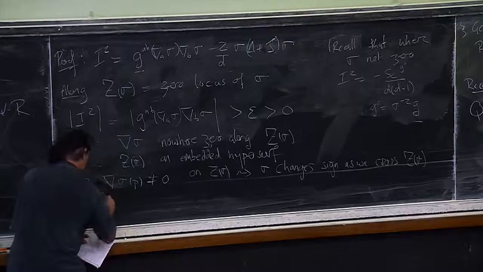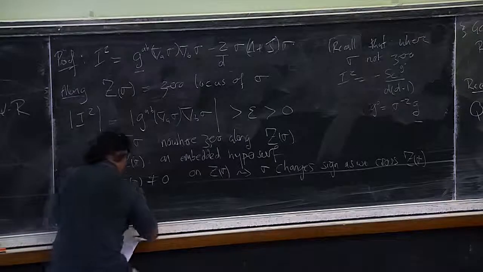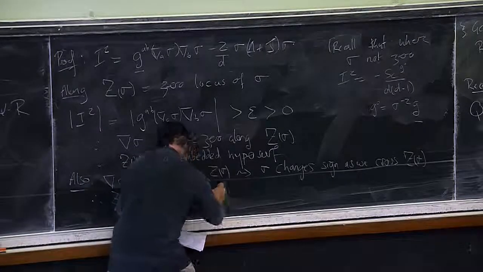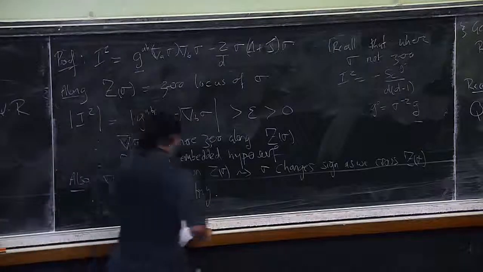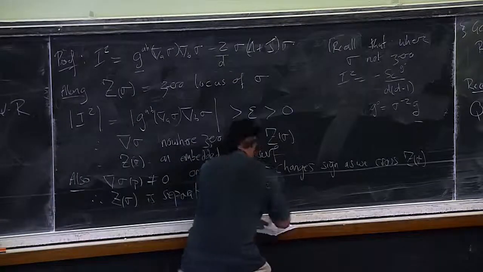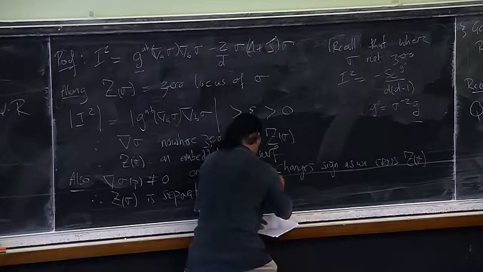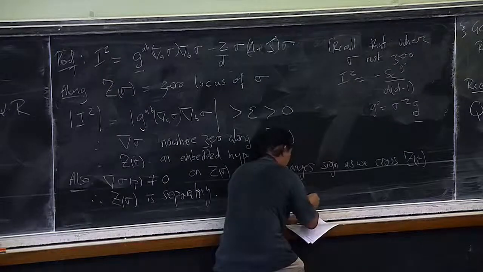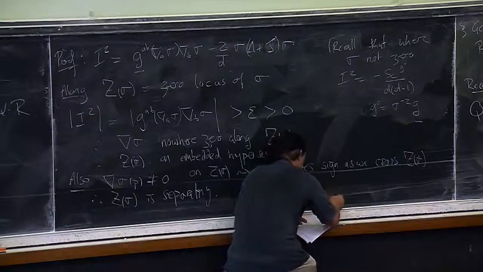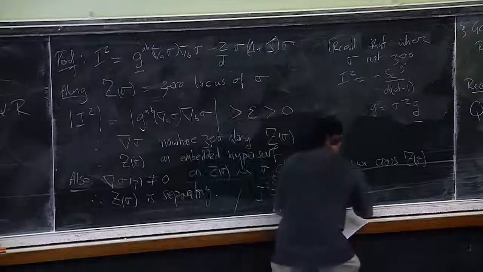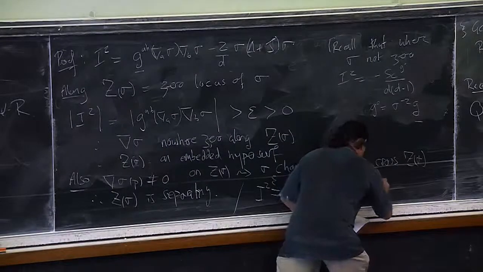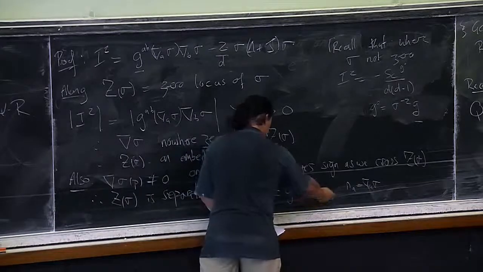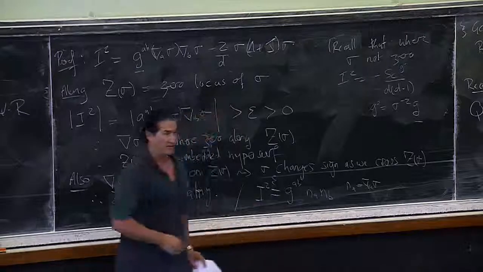Therefore, the hypersurface is separating. Next, you have that I squared, still along the 0 locus, is equal to G AB grad A sigma grad B sigma, but you can take that as a conormal. So N A is grad A sigma, it's a type of conormal. Therefore, the fact that the normal squared has the same sign as I squared is just obvious.